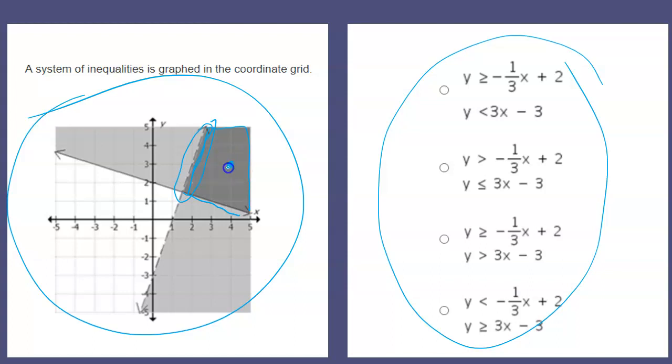So I could say this point right here, (4, 3), is a solution. You also need to know what's not a solution. If it asked you, is (-3, 2) a solution, you would say no, it's not. Or if it said (2, -3), that's not a solution. It's a solution to one of the inequalities, but not both. So you need to be able to recognize both.